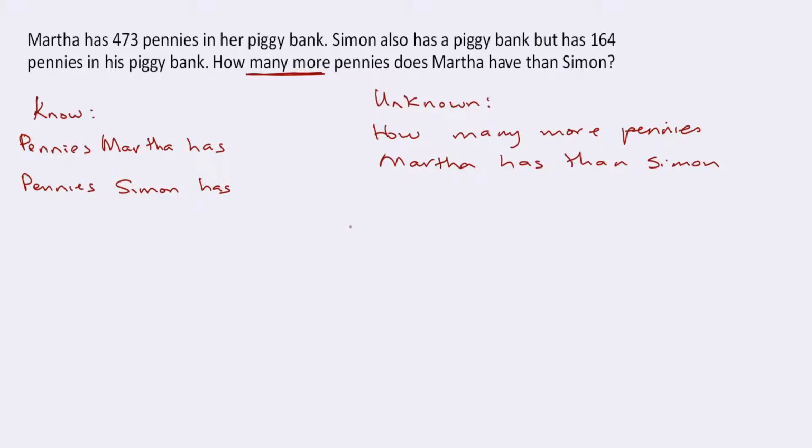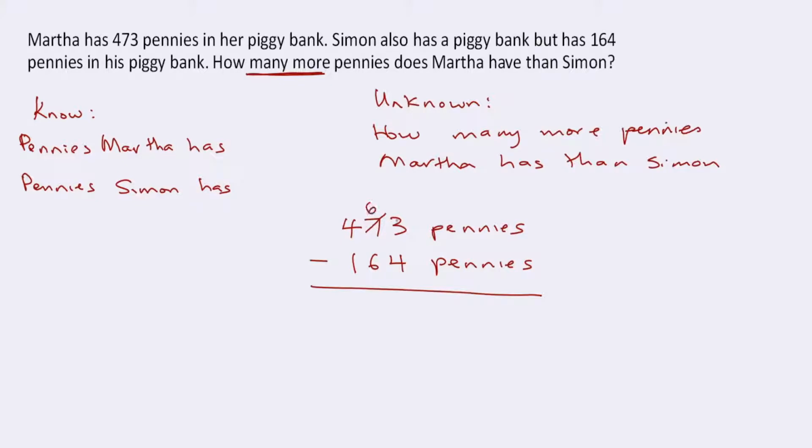So we have 473 pennies from Martha and 164 pennies from Simon, and we want to subtract to find the difference, to find how many more. 3 minus 4, not doable, so we go over to 7 and borrow 1.